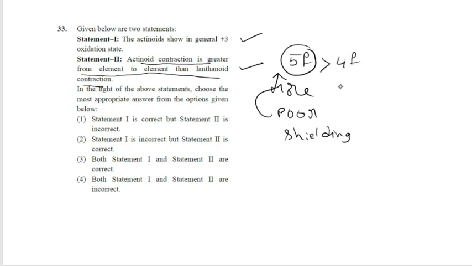So generally, though the lanthanide contraction is famous, in fact the contraction is more in case of actinoids from element to element, and hence statement 2 is also correct. And here you need to be very careful while selecting the option where statements 1 and 2 are correct, and hence the third one is the correct option.